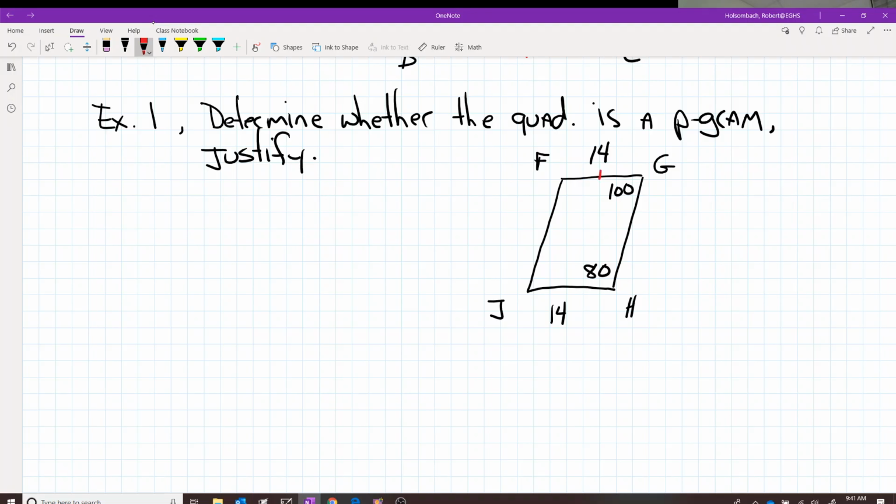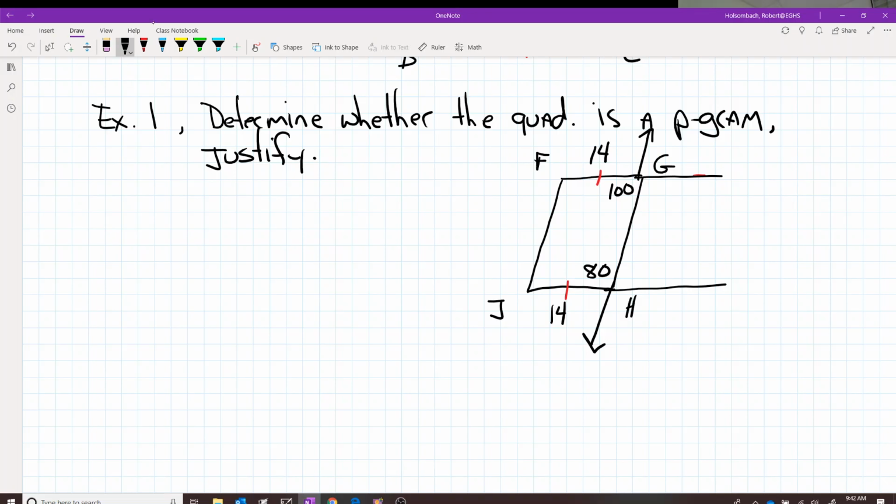Well, F to G is congruent to J to H. But are they parallel to each other? There's nothing in the problem that says that they're parallel other than the fact that if you extend FG to the right and you extend JH to the right, and then if you take GH and you extend it up and down, you end up with 2 lines cut by a transversal. And that 100-degree angle and that 80-degree angle, those are called same side interiors.